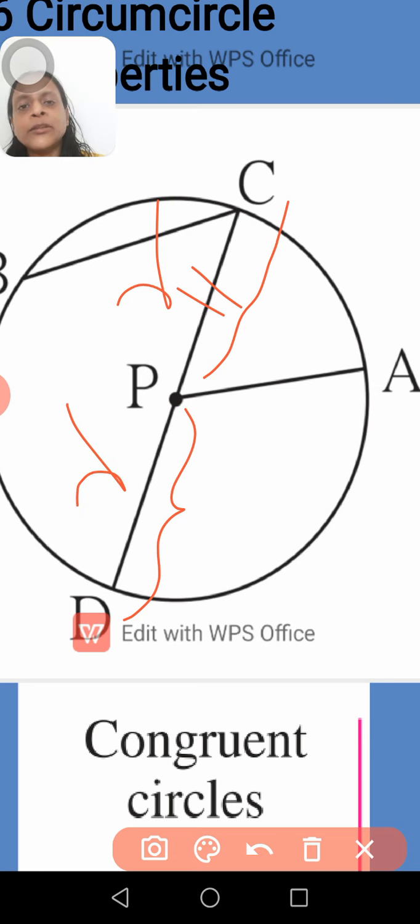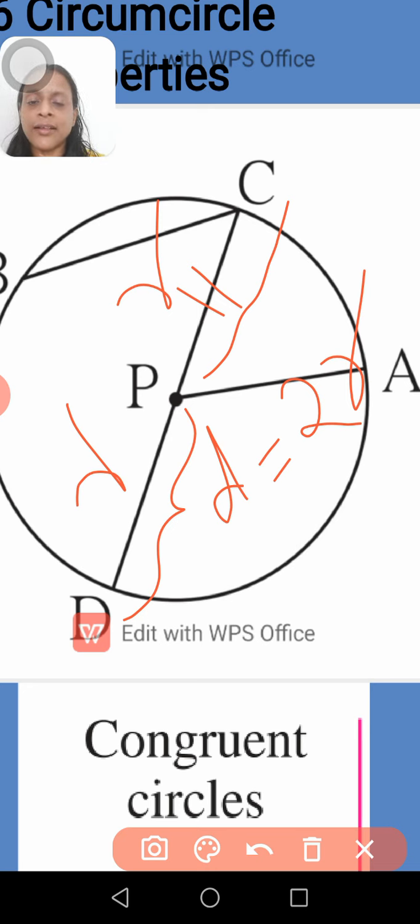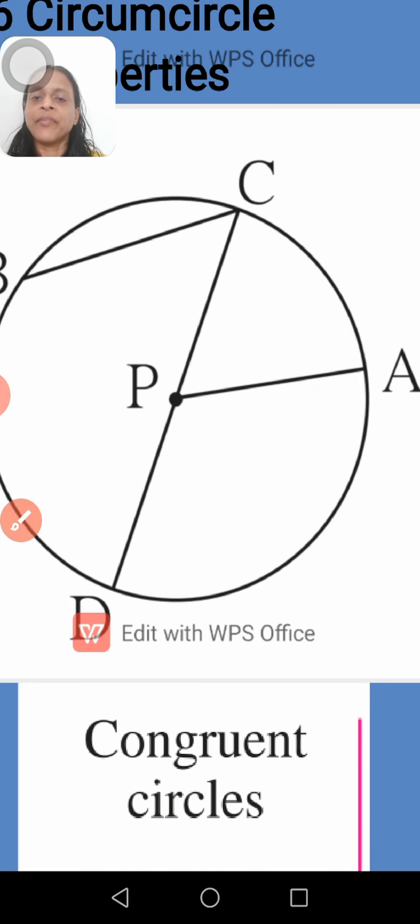PD is a radius, PC is also a radius, but we know that CD is a diameter. Then what can you deduce from here? Yes, the diameter D is the same as 2 times the radius. The diameter D of any circle is equal to 2 times the radius of the same circle. This is the basic concept of a circle and the elements of a circle.